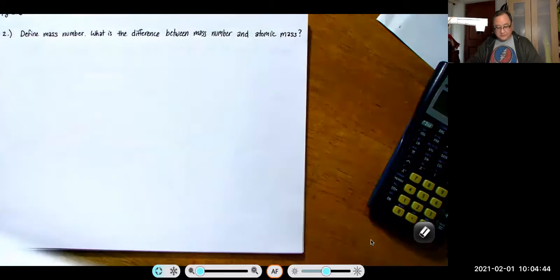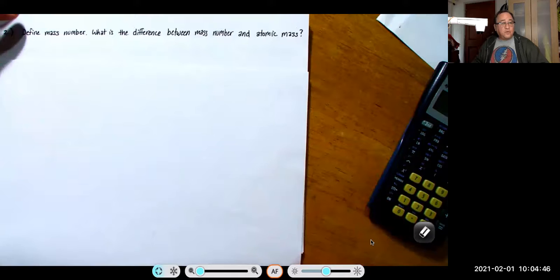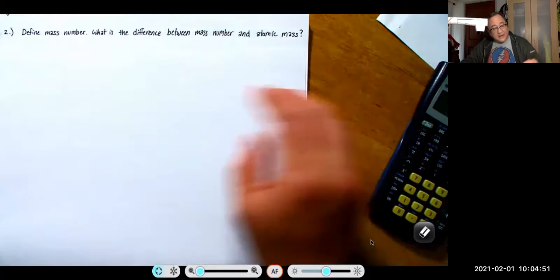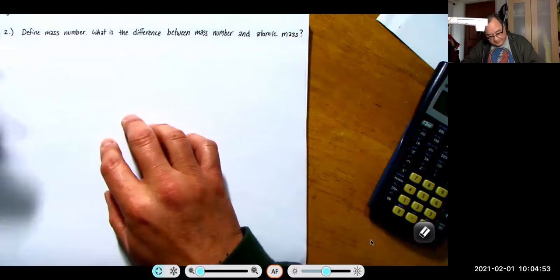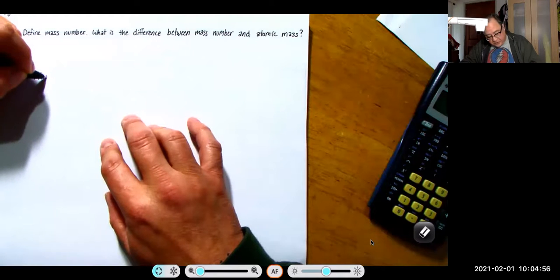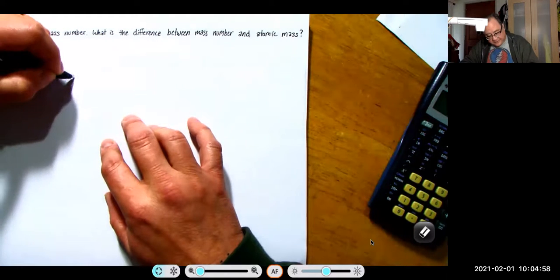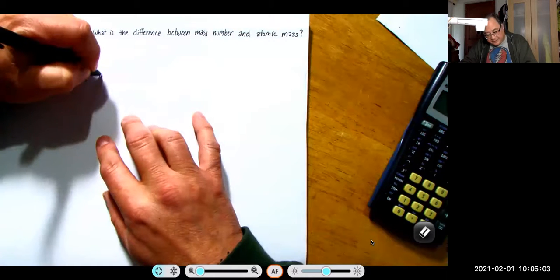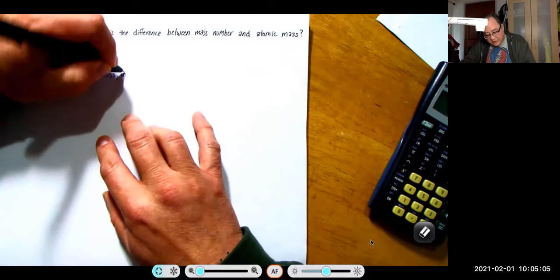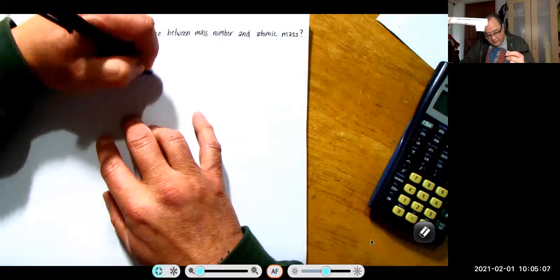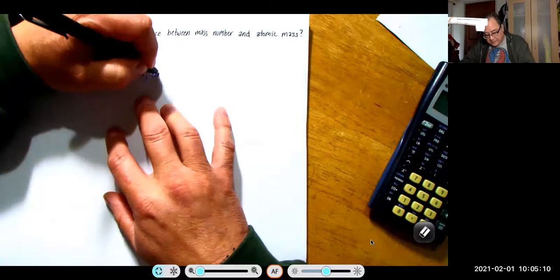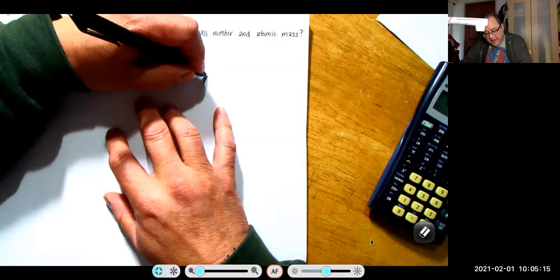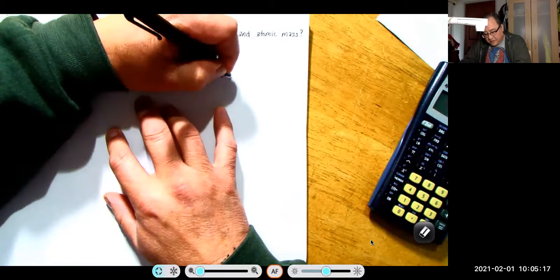Here we go. Define mass number. What is the difference between mass number and atomic mass? I'm going to write these out. You need to know these. Atomic mass usually refers to the mass in AMU of an average atom of an element.